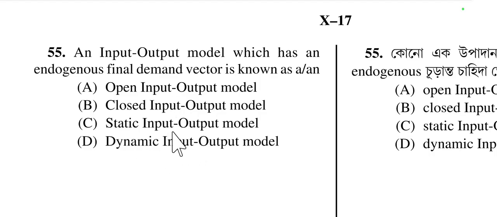The right option is closed input output model, option B, because in a closed input output model the final demand is determined within the system, often influenced by the production level, making it endogenous. In contrast, an open model usually assumes exogenous final demand, but a closed model assumes endogenous final demand. So option B is the right choice here.